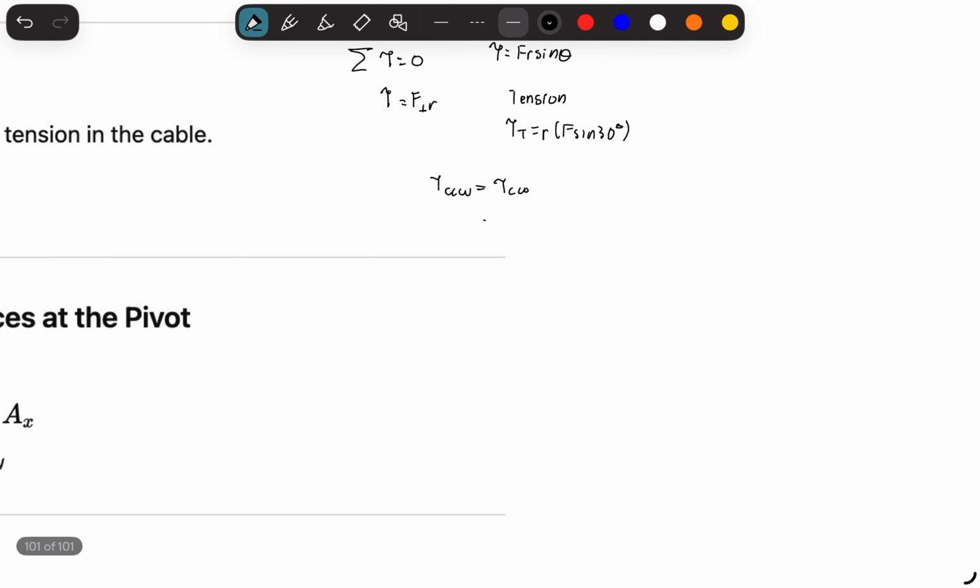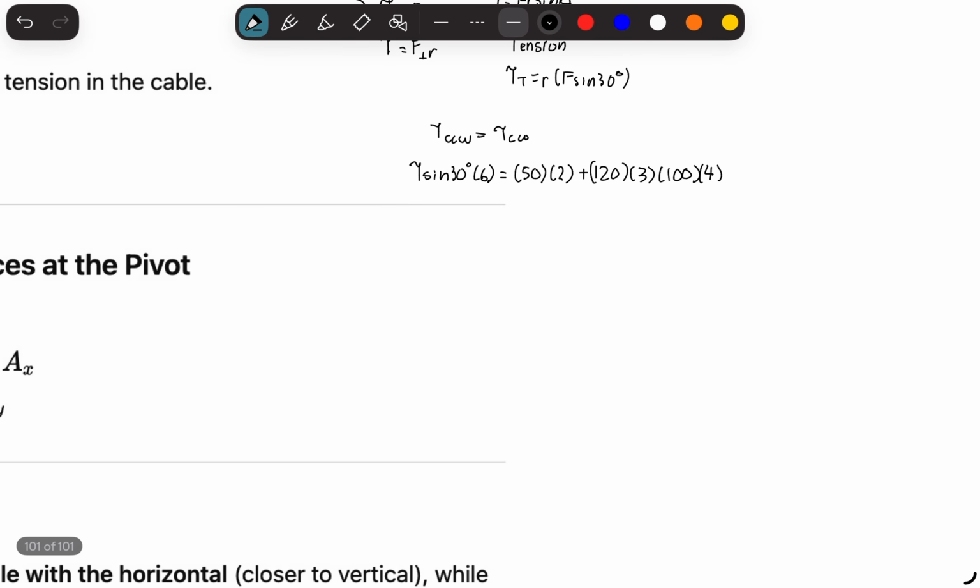So now we're going to set everything up. T sine 30 degrees times 6 is going to be equal to 50 times 2 plus 120 times 3 plus 100 times 4. So this is equal to 100 plus 360 plus 400, which is equal to 860.